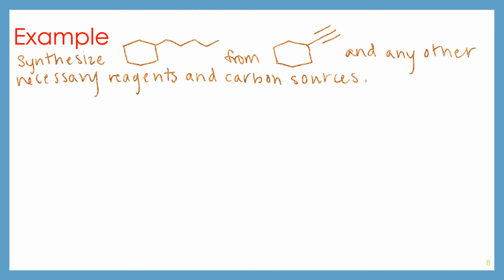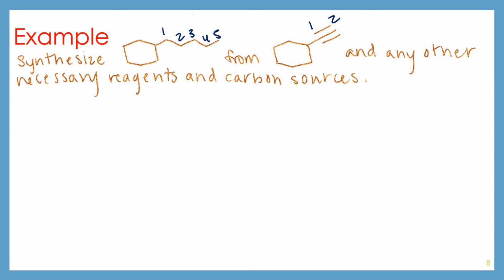So the first thing that I would do is count the carbons. So I would kind of ignore the cyclohexane ring because it's obviously not changing. But our final product has 1, 2, 3, 4, 5 carbons coming off of it, and our starting material only has 2. We also have to figure out how to get rid of our alkyne. So that's probably going to be a hydrogenation.